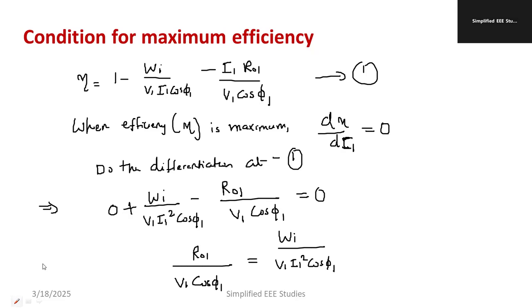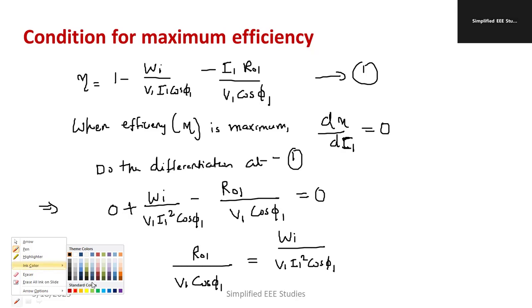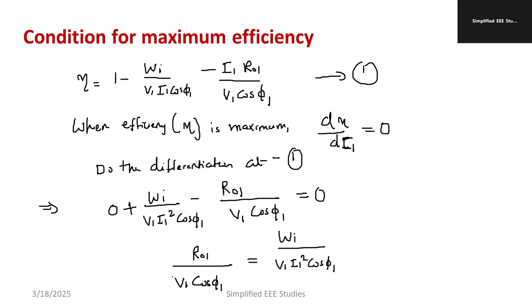Now let me cancel the terms. V1 and V1 can be cancelled, and cos phi 1 and cos phi 1 can be cancelled. The ultimate term is Wi. If you do the cross multiplication, Wi is equal to I1 square into R01.